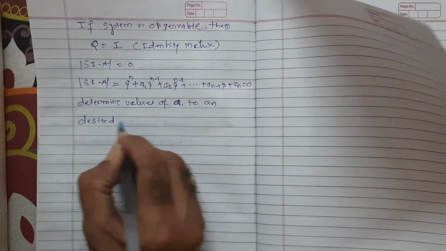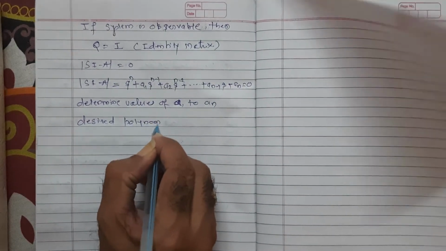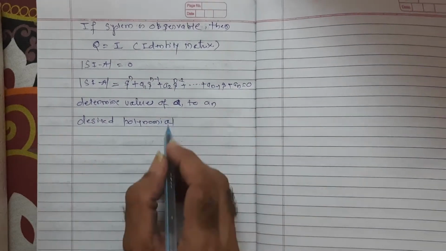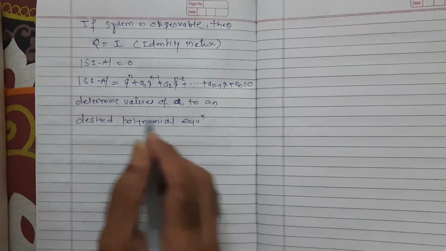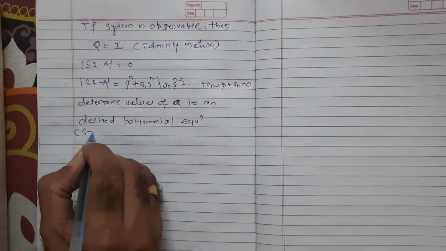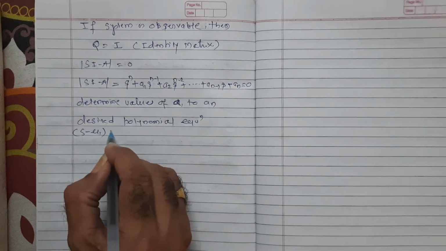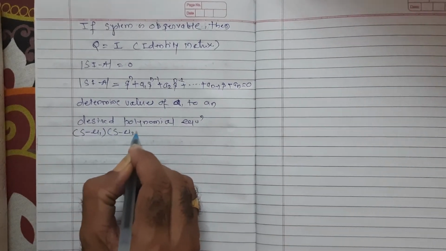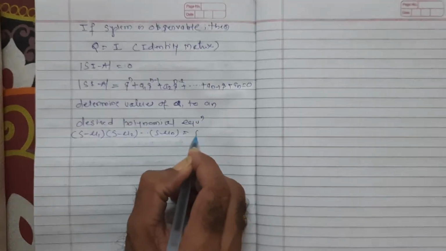Now we will have the desired characteristic equation or desired polynomial equation. That is (s minus mu1), the desired location of the poles, (s minus mu1)(s minus mu2) up to (s minus mun) equal to 0.